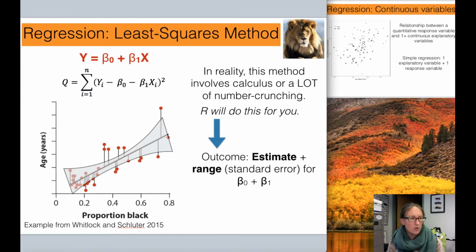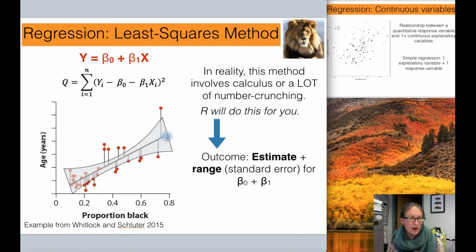And so if you use R for a regression analysis, then the outcome that you will get will be an estimate for each of these values, for your intercept value and for your slope value, and then also a range, which is basically equivalent to a standard error measurement for each of these values.